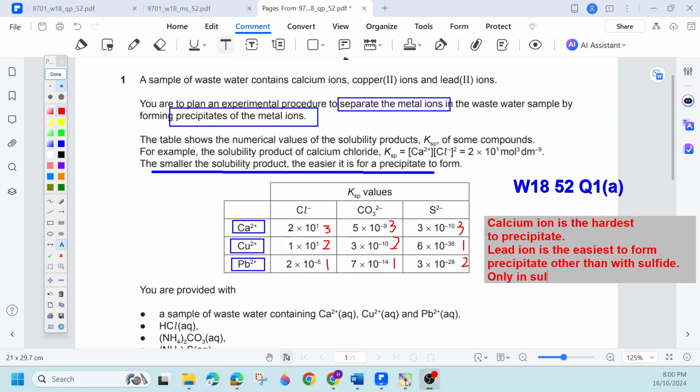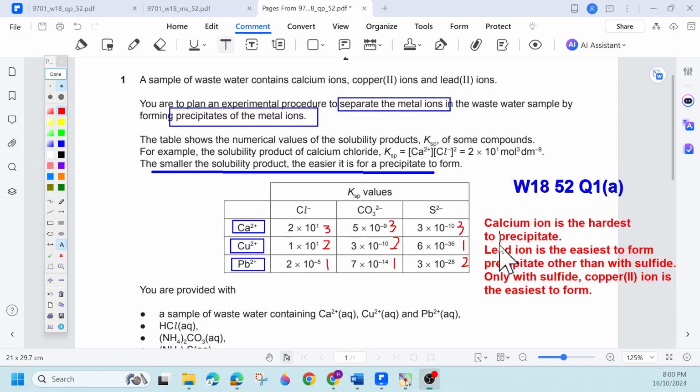So remember, only with the sulfide ion is the copper 2 ion the easiest to form a precipitate. So do take note of this. Now you have a clear idea of this. So remember, calcium 3, lead 1, and copper is only 1 with sulfide.